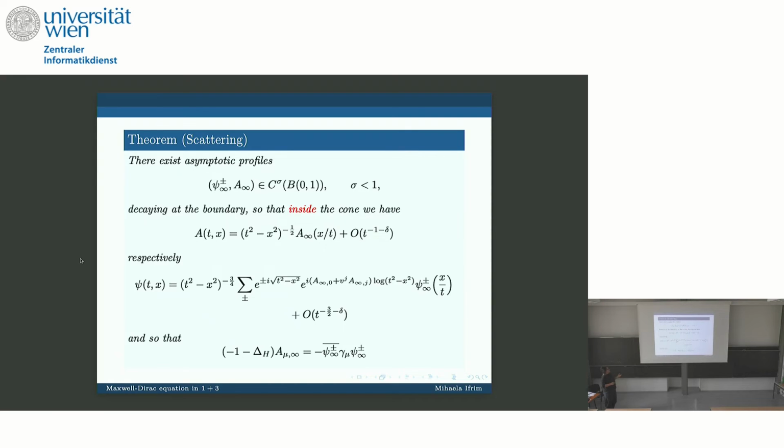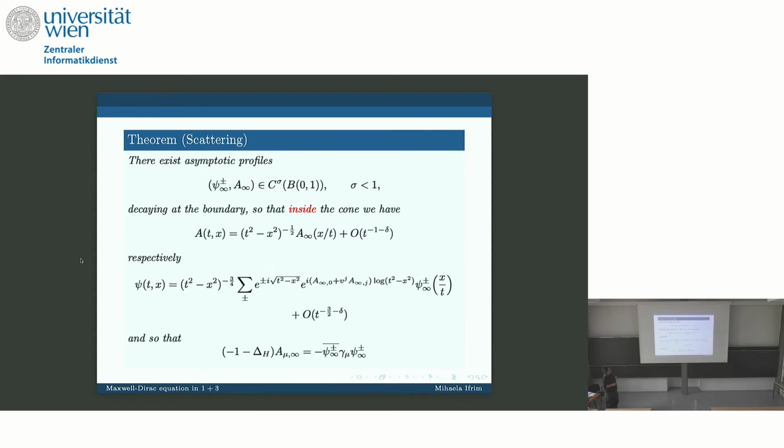What we are saying about the scattering is that we have those asymptotic profiles, two asymptotic profiles for the Dirac equations, which I call psi plus and psi minus, and I'm going to make a comment in a bit. And for the electromagnetic field we have this profile. They both are going to be in this C sigma, but sigma cannot be 1 because we don't have pointwise bounds for the solutions to which we applied vector fields.